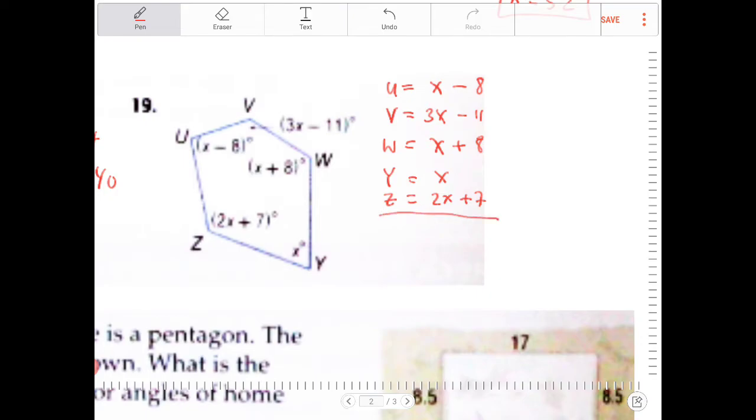Add them all up. The 8 and 8 cancel. Negative 11 plus 7 gives me negative 4. Add up all the x's. I have a total of 8 x's.